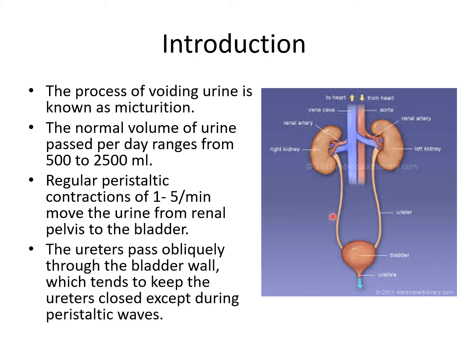The ureter passes obliquely through the bladder wall, entering it from the posterior part, and they are kept closed except during the peristaltic waves, so that the urine cannot reflux from the bladder to the ureter.